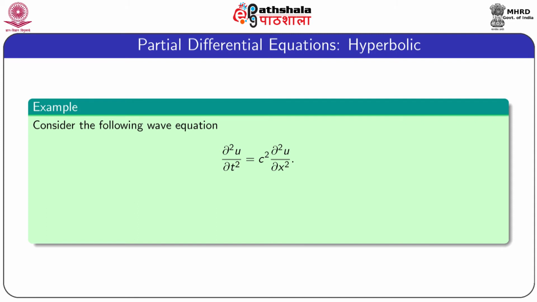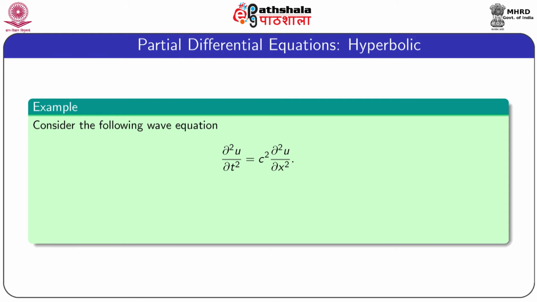Now, we consider the following wave equation. This is a particular case of hyperbolic partial differential equation. To illustrate the explicit method mentioned in the previous slides, the very standard wave equation is del 2 u by del t2 equal to c square into del 2 u by del x2. If this equation represents the wave propagation, then c represents the speed of the wave.